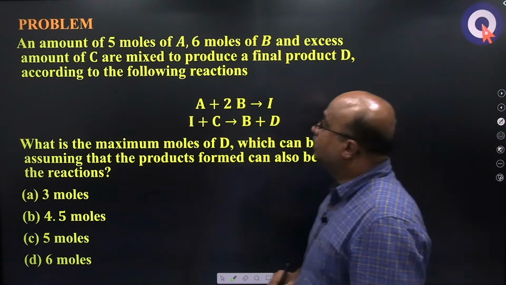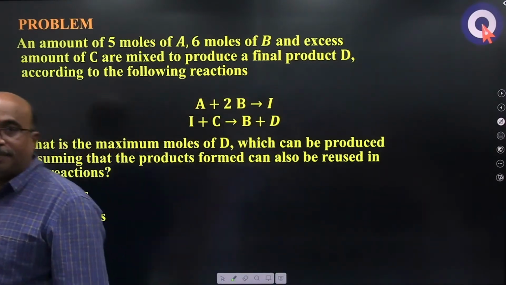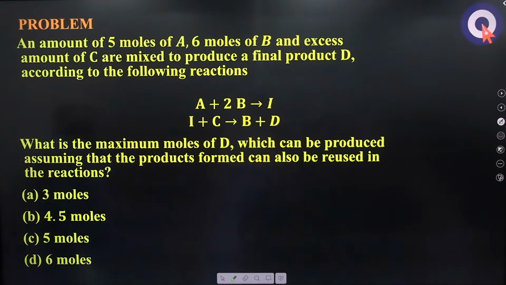An amount of 5 moles of A, 6 moles of B and excess of C are mixed to produce the final product D according to the following reactions.